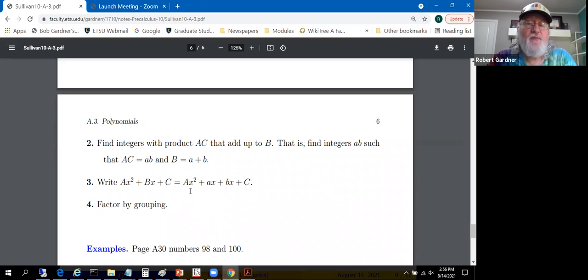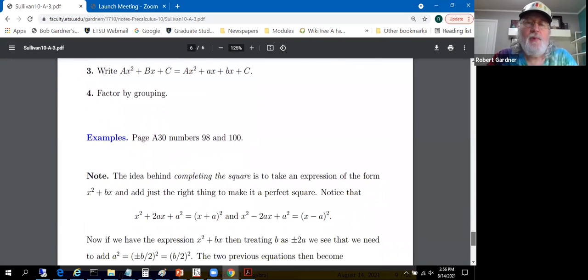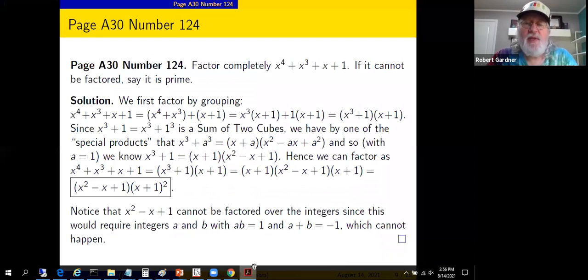We'll have a common factor between these two terms and a common factor between these two terms. That'll allow us to factor, and certainly factor an x out of this, but some other things will happen that allow us to deal with this by grouping. Now, all we're doing is factoring a second degree polynomial, but this will allow us to accomplish that. Let's look at two examples of that.